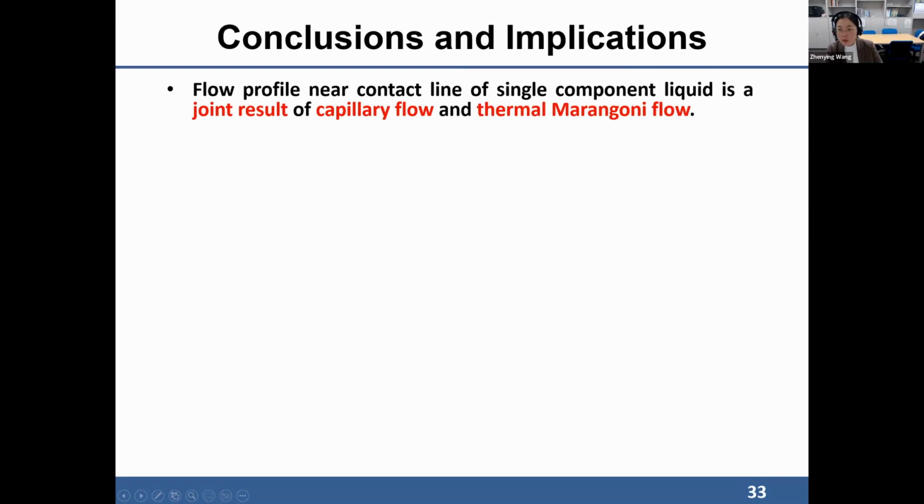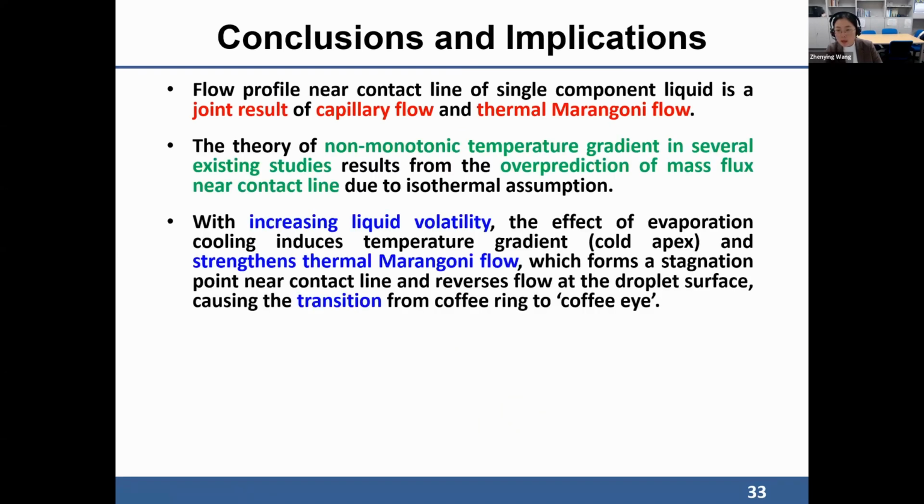To give a summary of this part, we further checked more details about the flow structure near the contact line, and we concluded that it is a joint result of the capillary flow and the thermal Marangoni flow. The previous theory in some publications on the non-monotonic temperature gradient resulted from an over-prediction of mass flux near the contact line, because they utilized the isothermal assumption, so they did not consider the evaporation cooling effect.